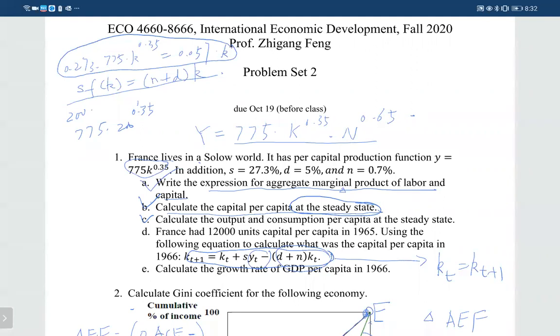Now what is consumption? Consumption equals output minus saving, or 1 minus the saving rate, times output. You just find it, right? So this is output. Okay, so this is C.